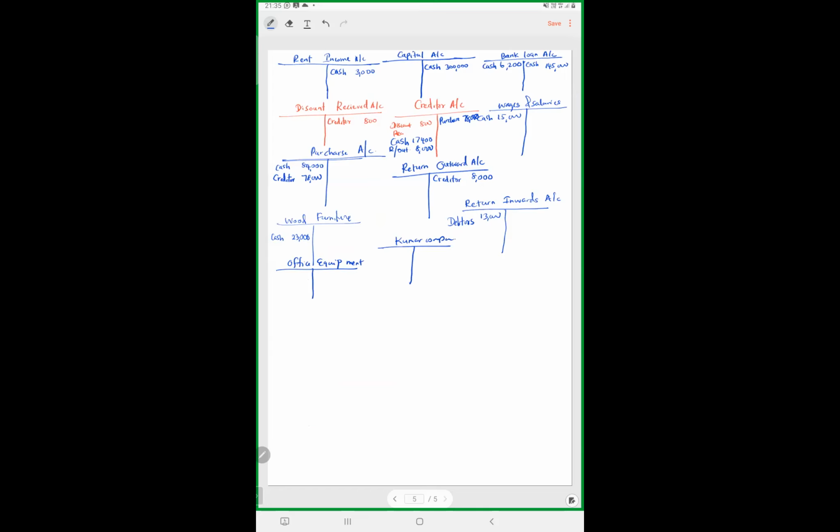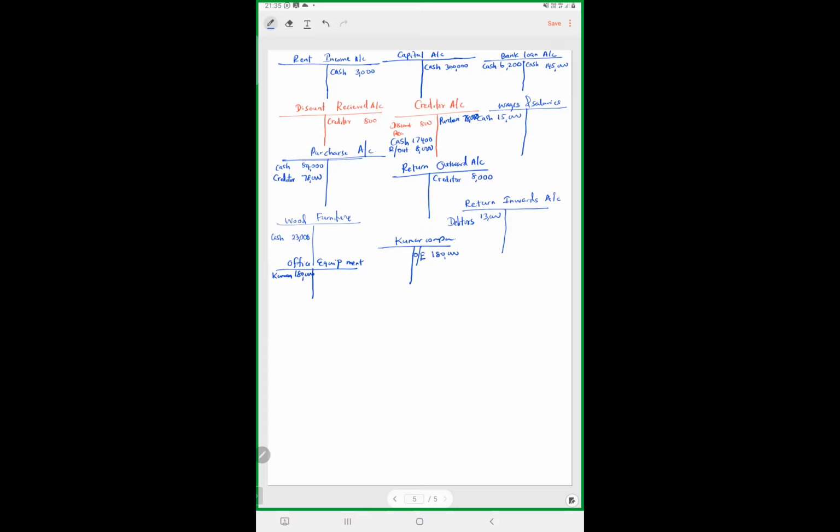So then office equipment account debit 180,000. Description is Kumar. Then Kumar company credit 180,000. Description is office equipment.